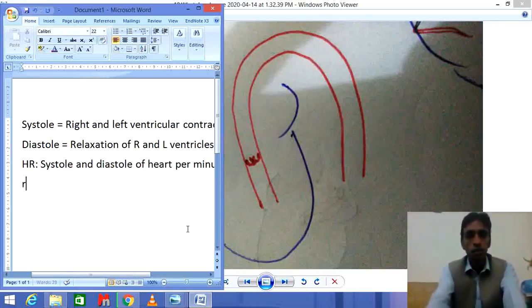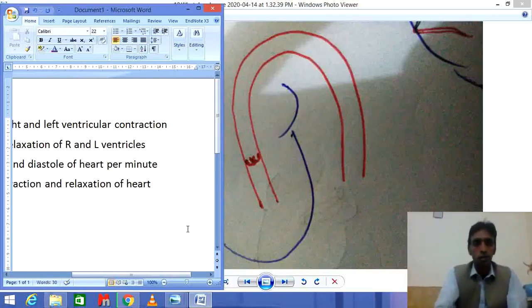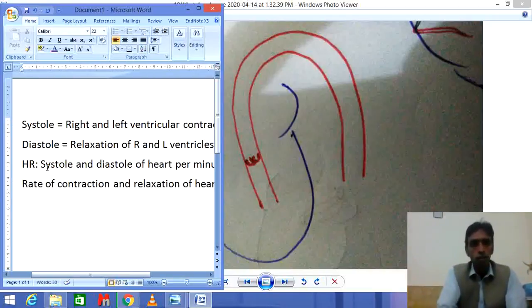You can also say that the rate of contraction and relaxation of the heart is what we call heart rate.